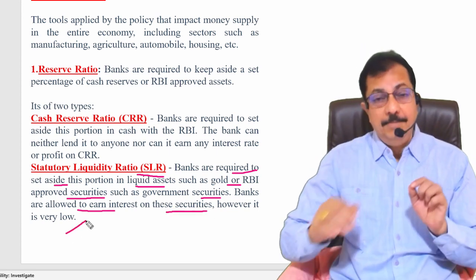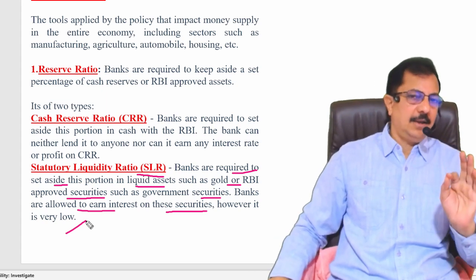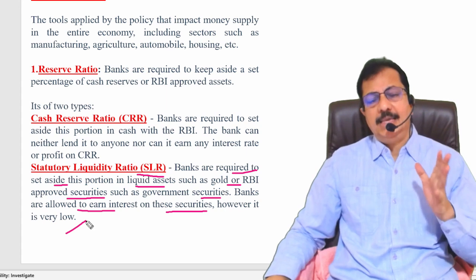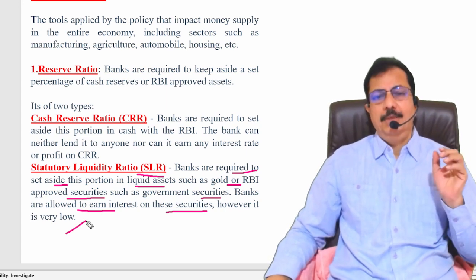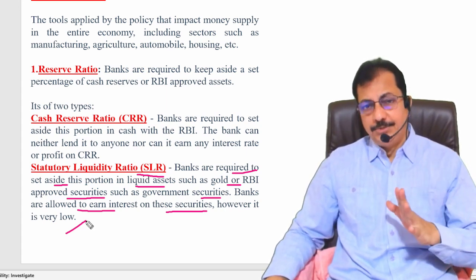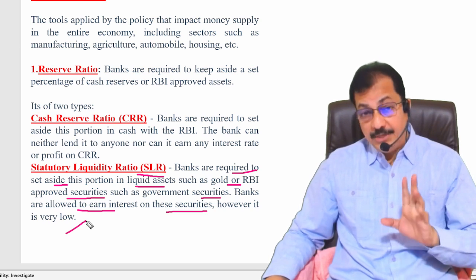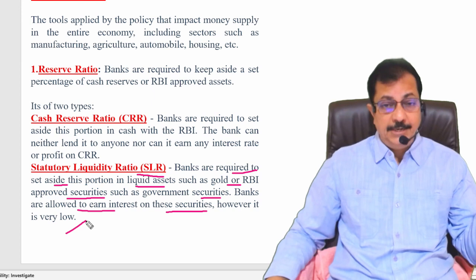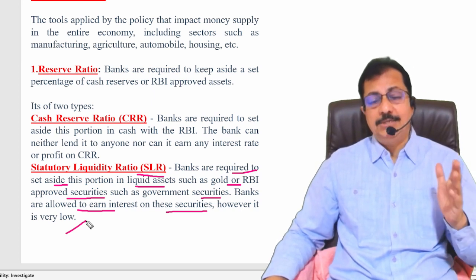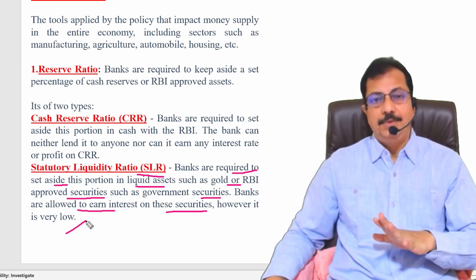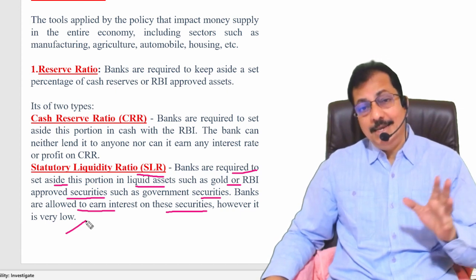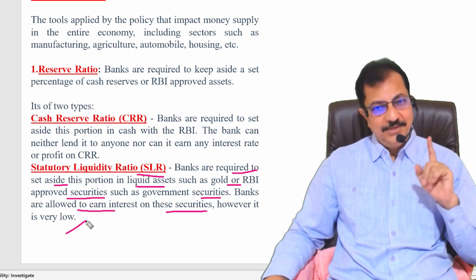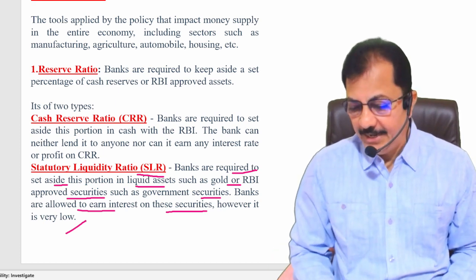So another important difference between CRR and SLR is that on CRR, the bank gets no profit and no interest. But with respect to SLR, the 18%, banks get interest, but very, very low. Am I clear? So please understand this. Next.